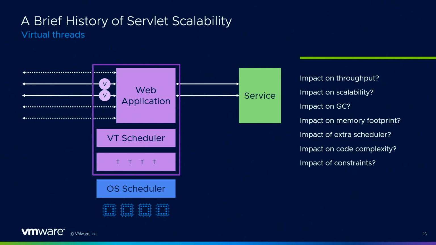And let's not forget that this is VMware Explore, so you're not going to be using bare metal machines for this. It's all going to be virtualized, isn't it? And so you haven't just got the OS scheduler and the virtual thread scheduler. All of this is running on a hypervisor, and it's got its own scheduler that's mapping all of that to the real cores underneath. And how all of these are going to interact, is it going to be exactly the same if you run your Tomcat load on platform threads as on virtual threads?